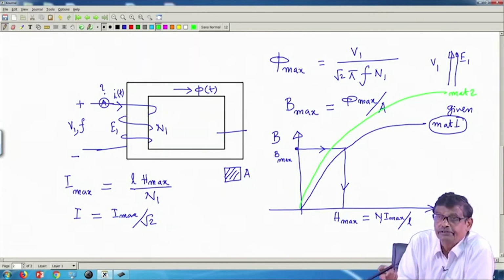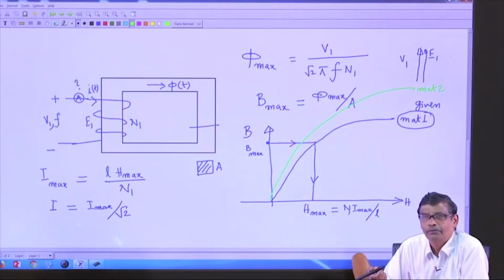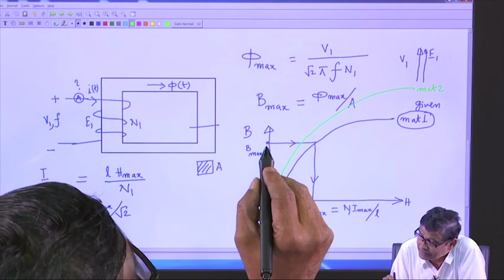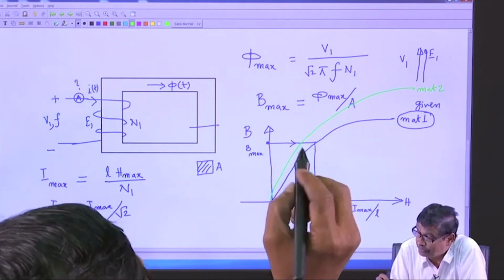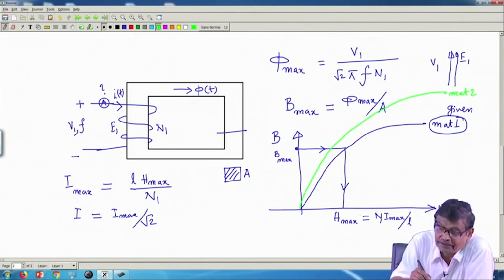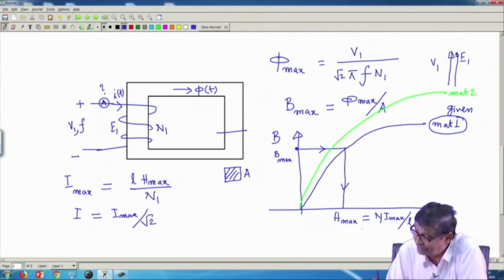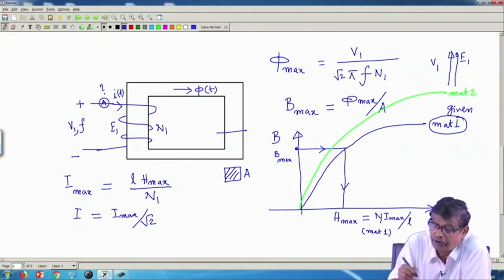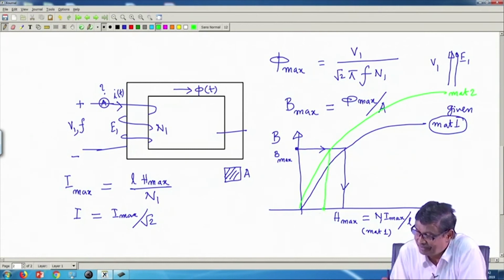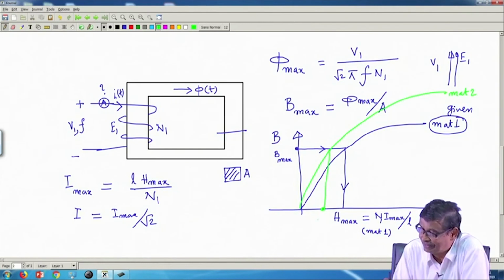phi max is fixed, no matter whether it is material 1 or material 2. So, you read the same B max, but now you have to read the value of H max. This is for material 1. If it is material 2, it will draw current corresponding to this, that is H max for material 2.